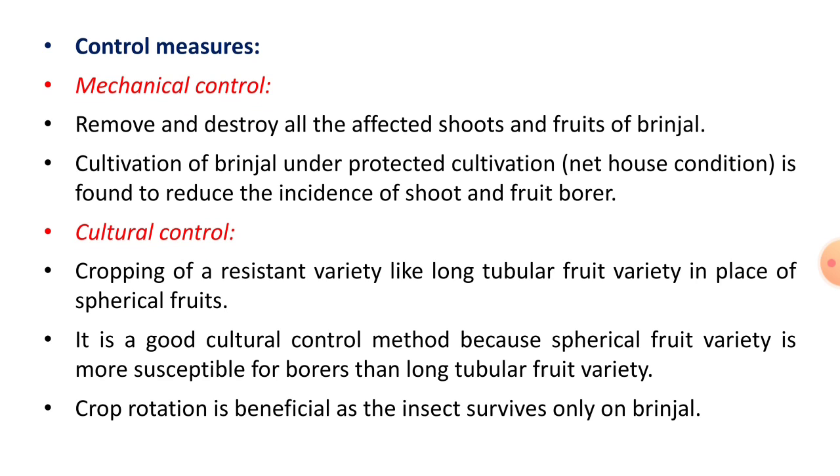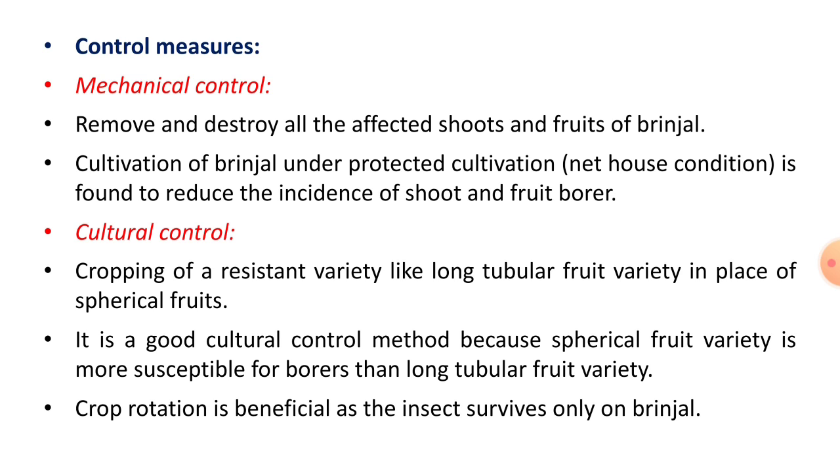Then cultivation of brinjal under protected cultivation, means net house condition, is found to reduce the incidence of shoot and fruit borer. If somebody cultivates the crop of brinjal in net house condition, it can to some extent protect the crop from attack by brinjal fruit borer. So these are the mechanical control.